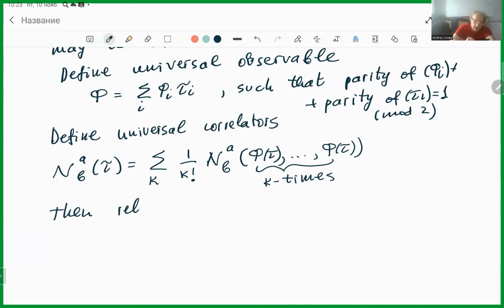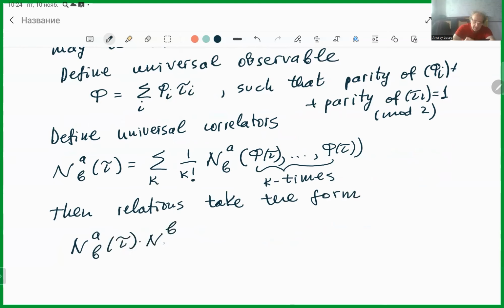Then the relations take the form NAB, NBC square to 0. So it's a combinatorial statement.